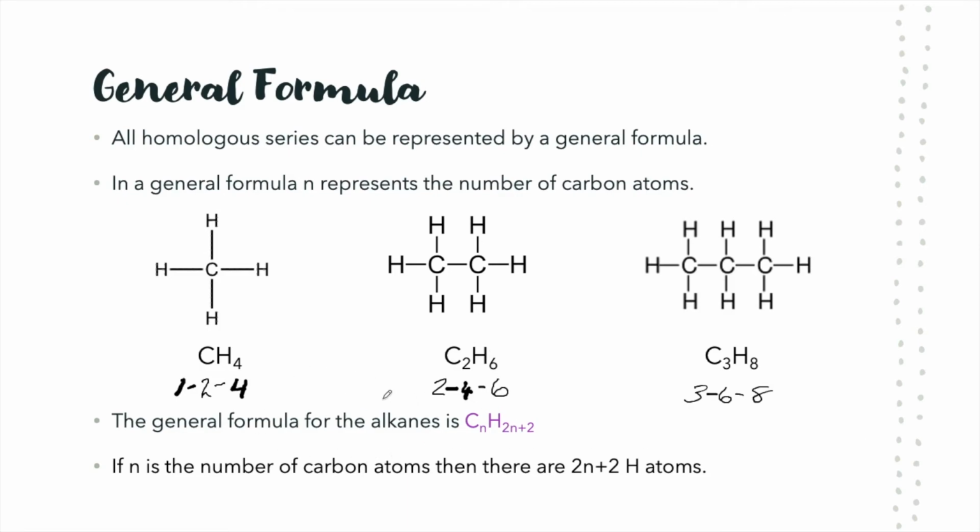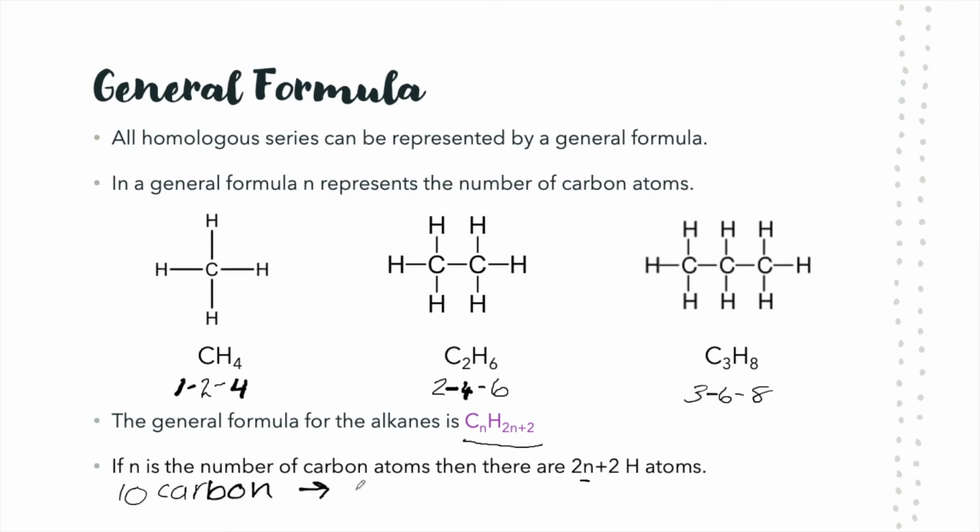The general formula then for all of the alkanes is CnH2n+2. So if n is the number of carbon atoms, then there are 2n+2 hydrogen atoms. So just for talking's sake, if I have 10 carbon atoms, how we work out the number of hydrogen atoms is we substitute the number 10 in for n.